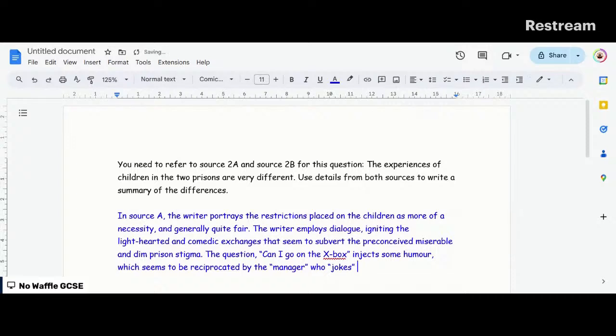So he jokes, and we can even say the joke that everybody puts on weight here. And that joke is quite interesting.